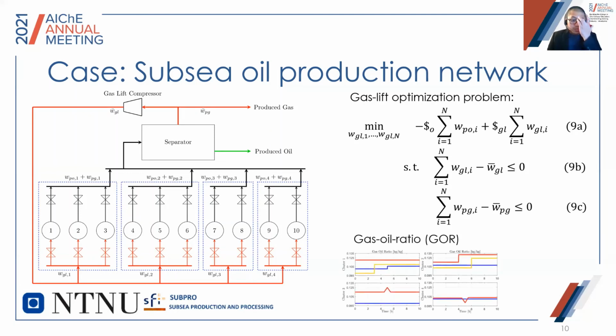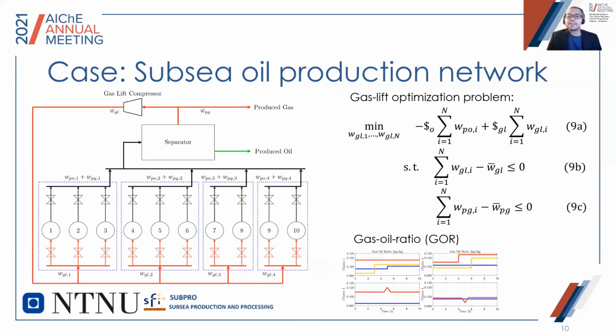We also consider a time-varying parameter here. We consider the gas oil ratio, and you can see it as a disturbance, or to be specific, it can be categorized as a feed disturbance.